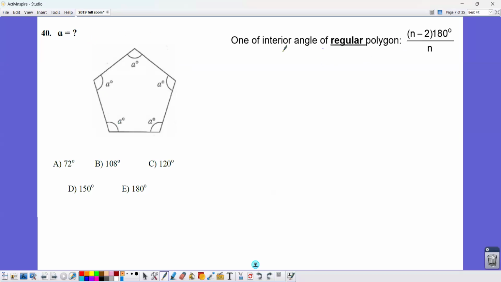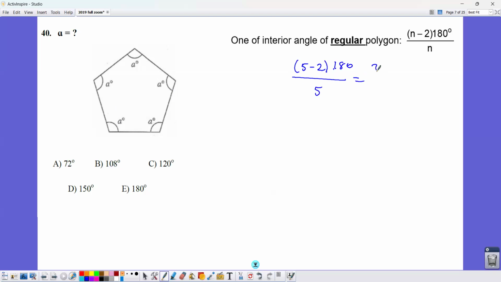So we need to remember the formula for the one interior angle of a regular polygon, n minus 2 times 180 over n. N here is the number of the sides of your polygon. So we have here 5-sided polygon, which we call it pentagon. So it will become 5 minus 2 times 180 over 5.